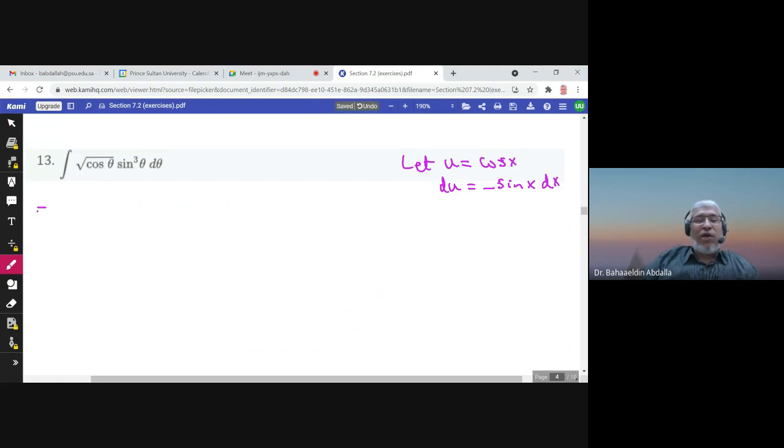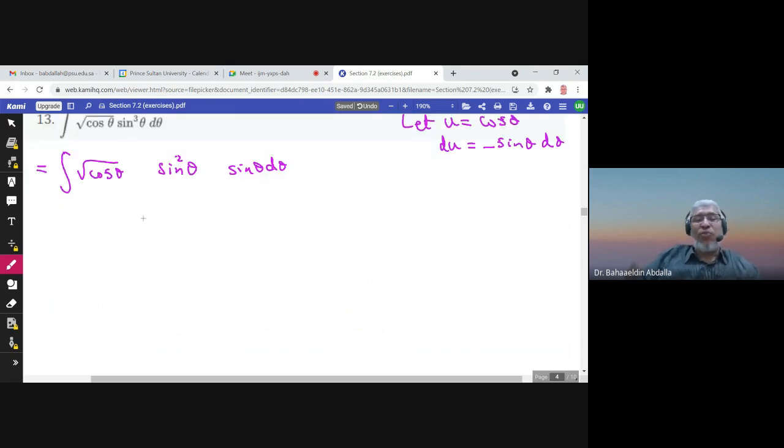So how to arrange this integral? I have square roots. Well, everything is in terms of theta. And sine cube, I need sine theta to be here with the d theta, and I will still have sine square theta because I already have sine cube.